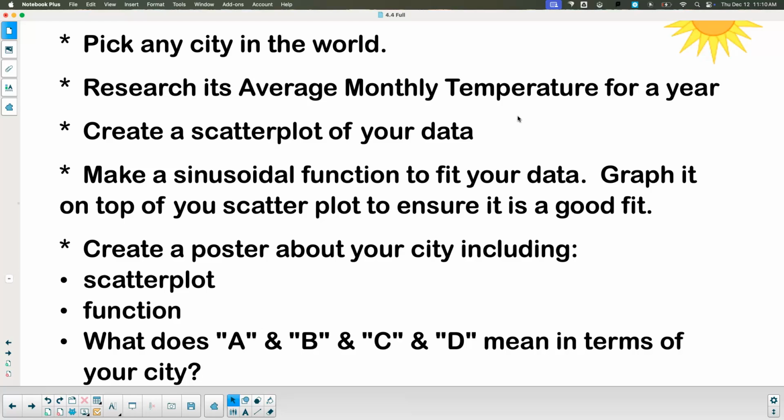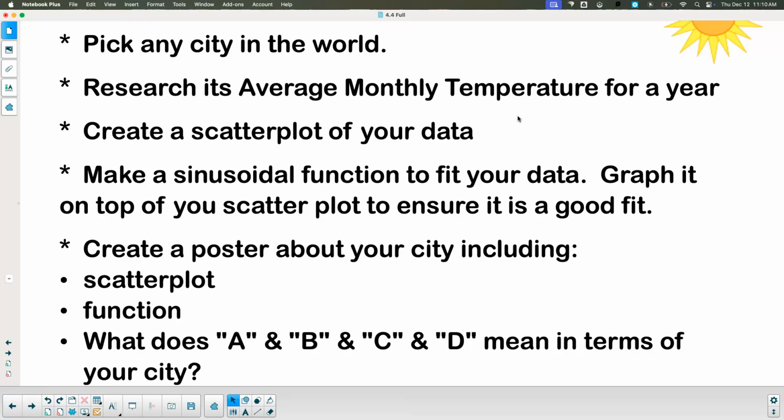What you're going to do is pick any city in the world. You're going to research, either on your phone or on your Chromebook, the average monthly temperature for that city. Literally, pick a city somewhere you want to go, and Google that city average monthly temperature, and it'll pop up. You're going to create a scatter plot for your information.